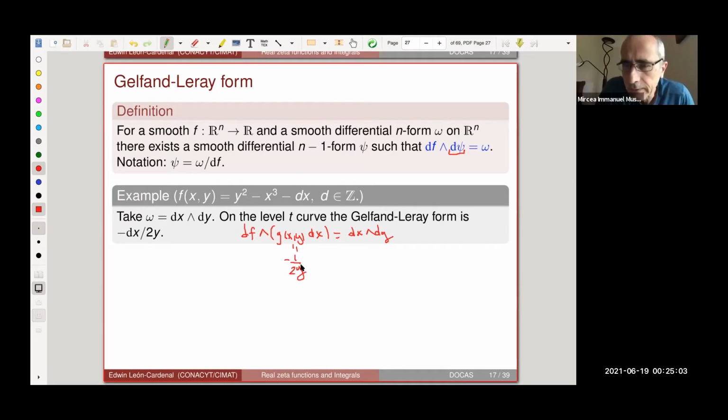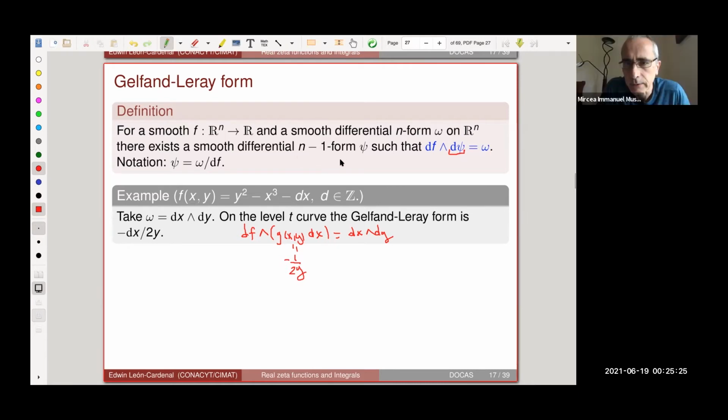Excuse me, can I ask something? In the definition, is it really d psi or should it be just psi? Because d psi is an n-form. No, psi should be an n-1 form. That's right.